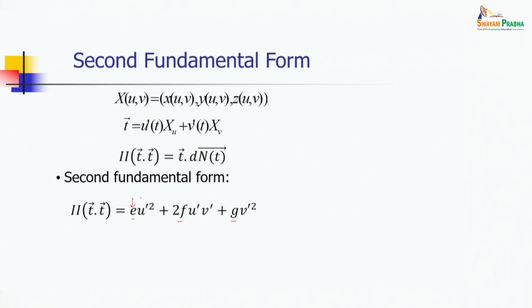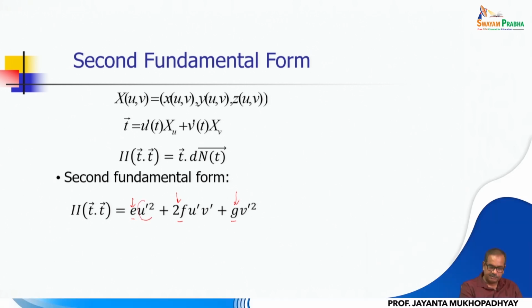So these coefficients are related to the variation of parameters u and v only over the surface. So this is not specific to that curve, whereas these three quantities are specific to that curve. These coefficients are the coefficients of the second fundamental form, and they are defined in this form.